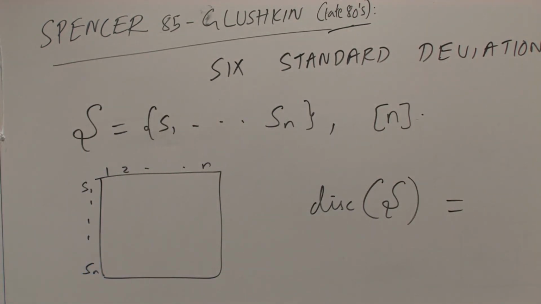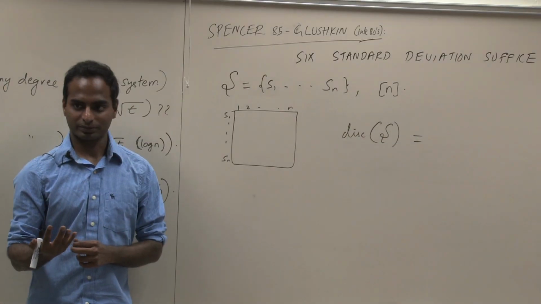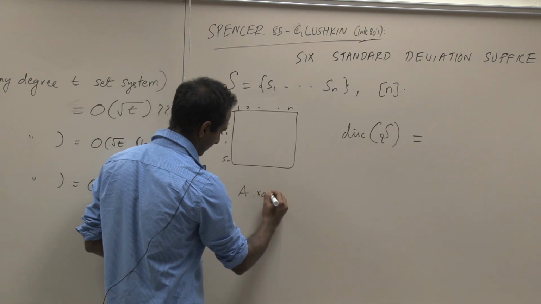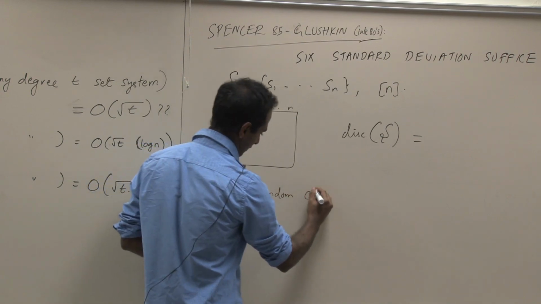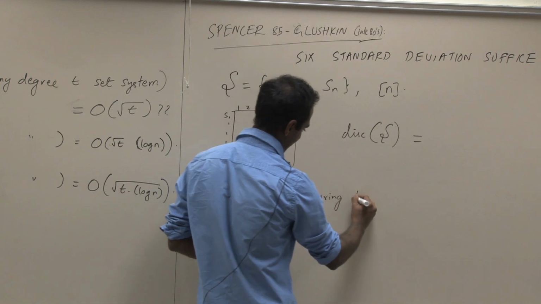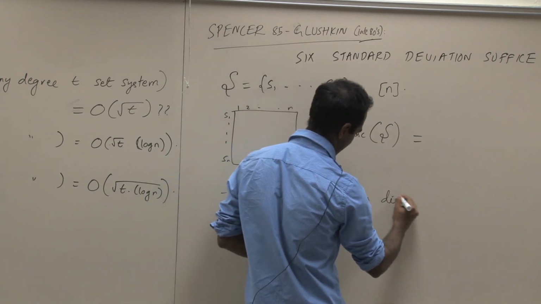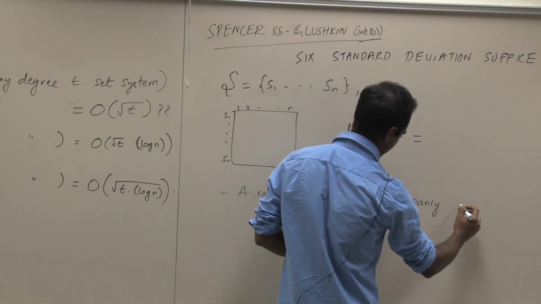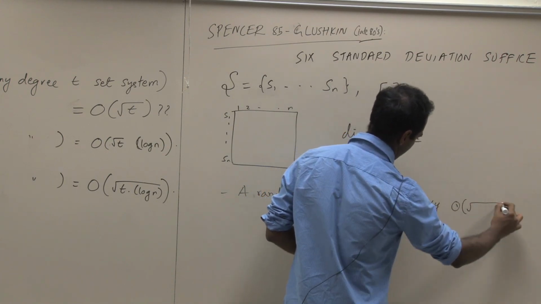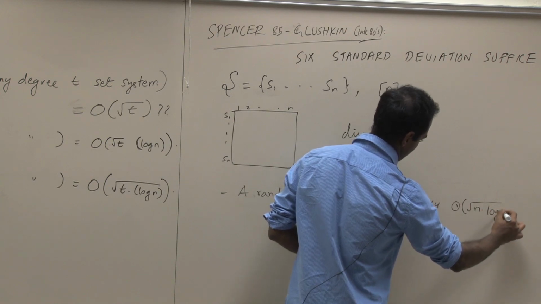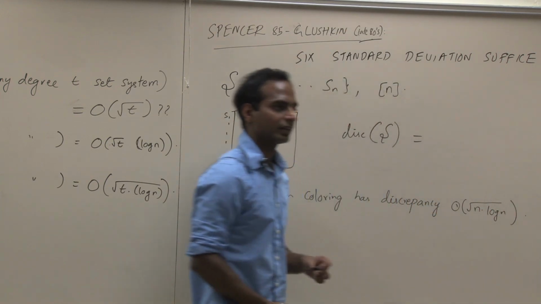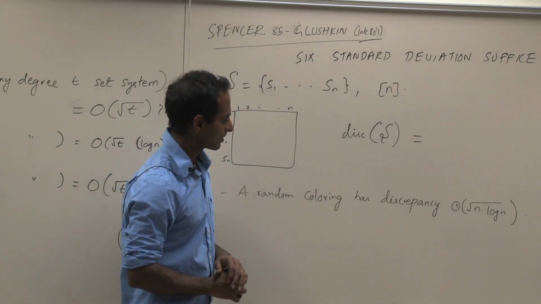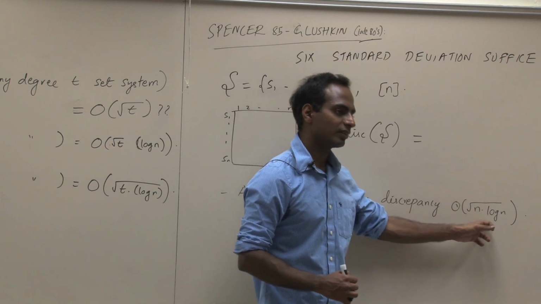Okay. And if I take a random coloring like before, a random coloring has discrepancy square root of n times log n. As we saw before, if I take a random coloring, the discrepancy will be O of square root of n times square root of log n.